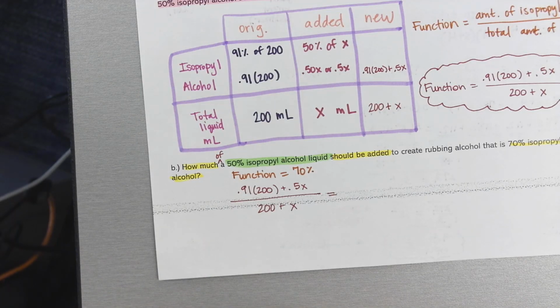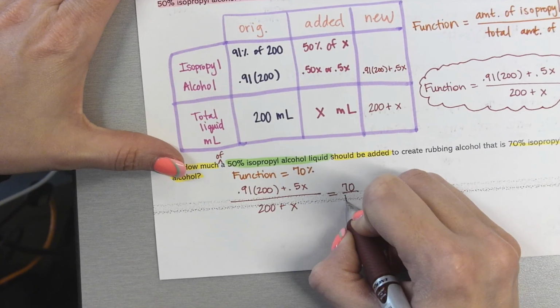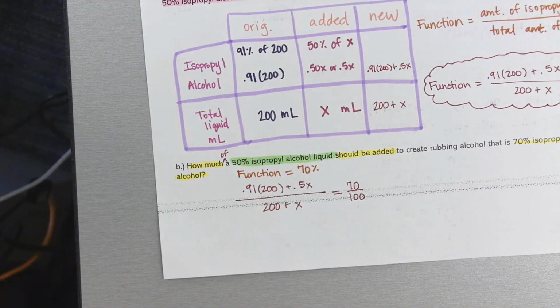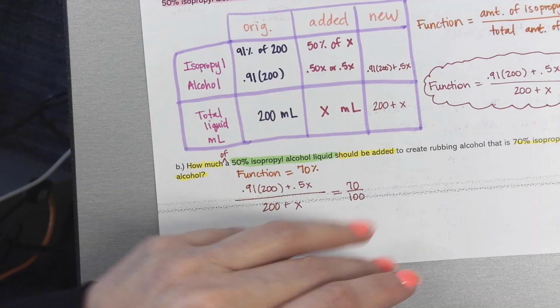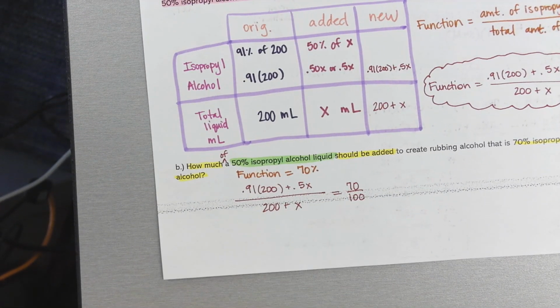You can write 7/10 or 70 over 100, either one is fine. Okay, 7 over 10 is the reduced form. And if you want to think of the percent as over 100, that is fine too. Either way, you're going to get the same answer, as long as you have an equivalent to 70%.